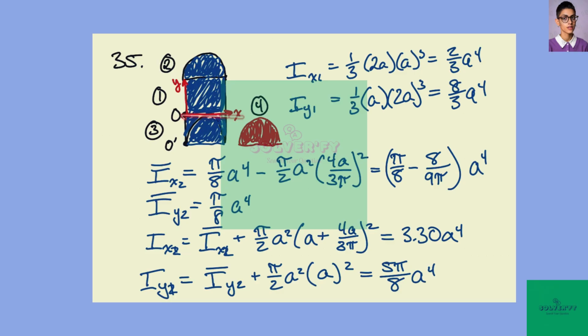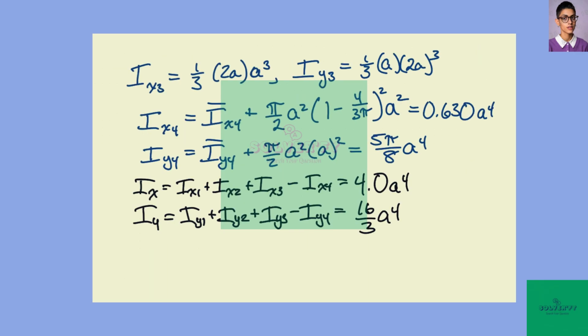The x-axis is going to be different, because this one's added farther away and this one is subtracted closer. So we have all these values, and we can simply add these three up and then subtract off that cutout, and what we get is oddly very even numbers.